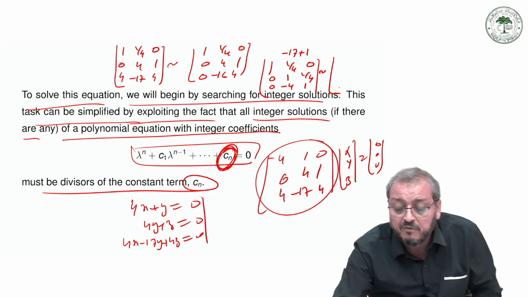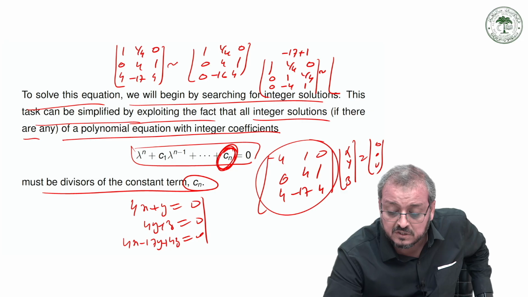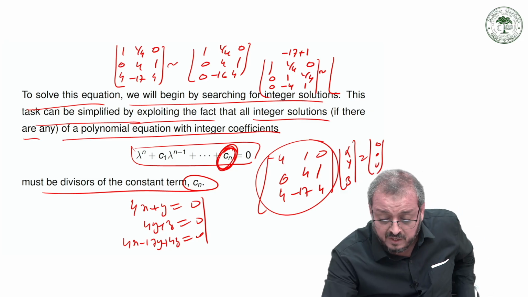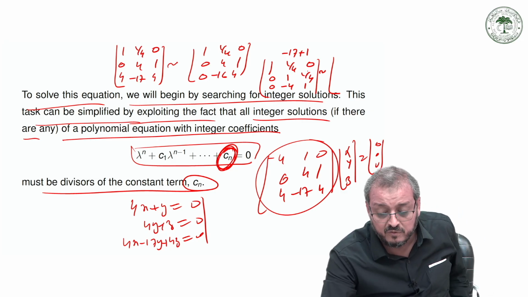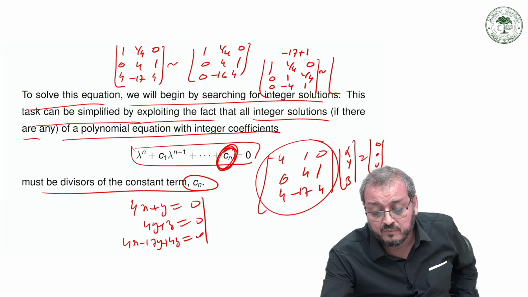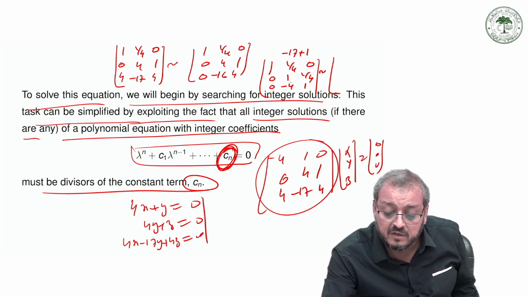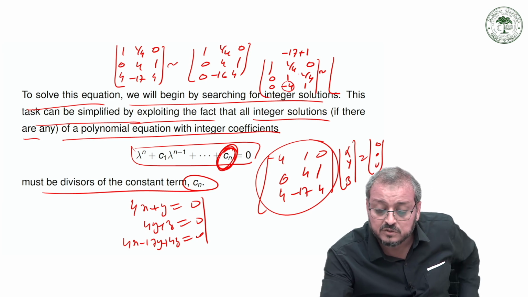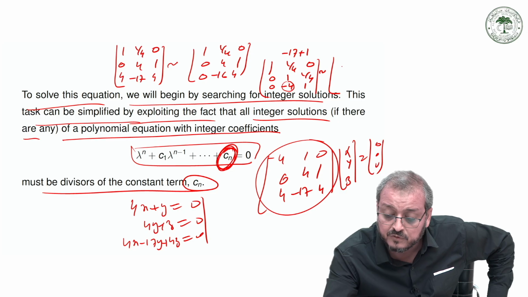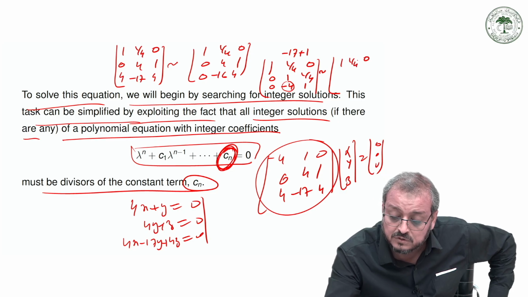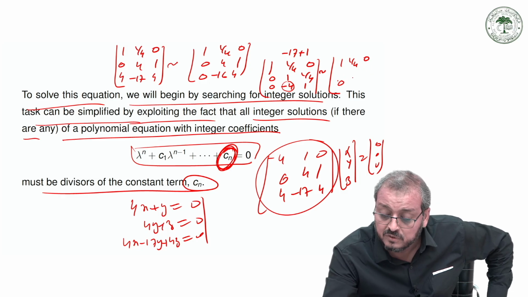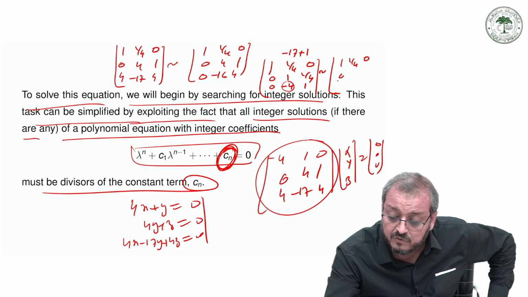Now again we make a 0 here, so we add 4 times of this row. So 1 by 4 0, then 0 1 1 by 4. Sorry, this is not true, this is 0, so okay, correct, it is 0 1 1 by 4.